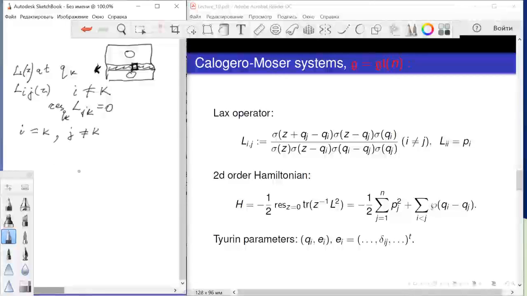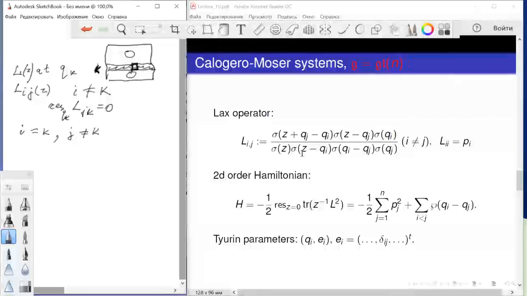We should calculate the residue of this expression when z tends to qi, because sigma has a simple zero.